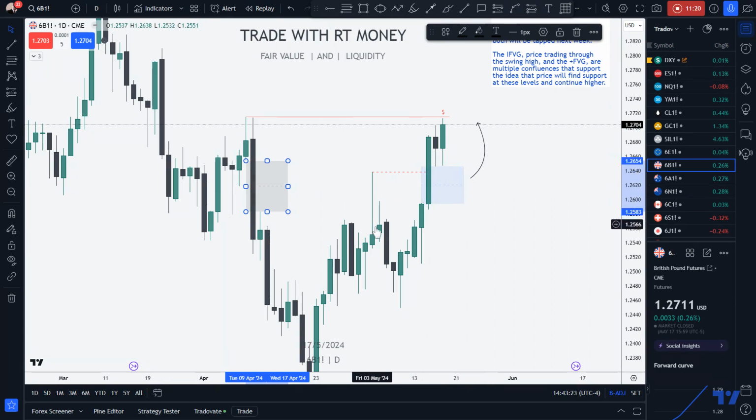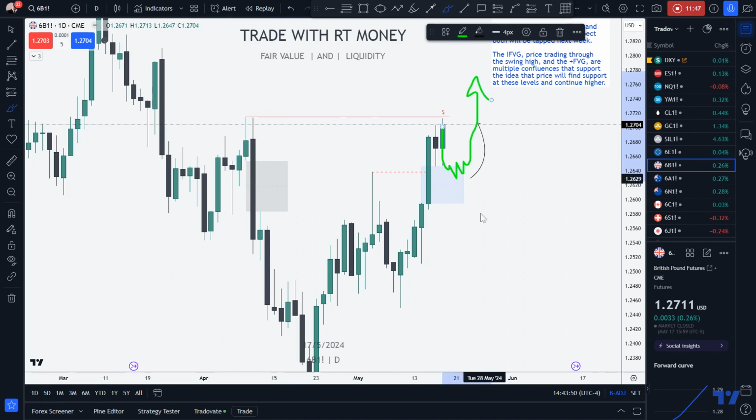You understand? And we also see that price traded through this structure here, and the top of that swing high is overlapping the bullish fair value gap. So if price should come back down into this fair value gap, I believe the probability is pretty high that price will continue higher and do its thing.